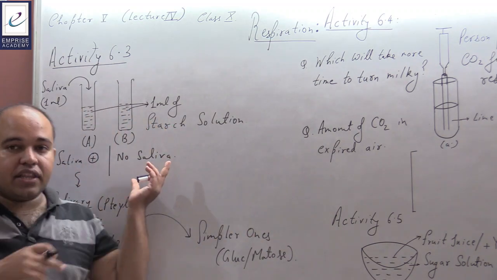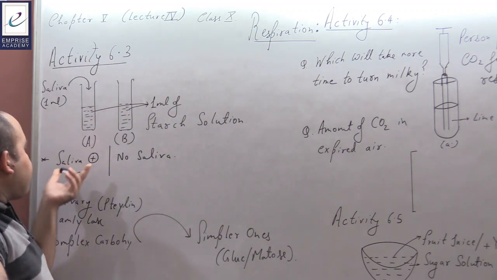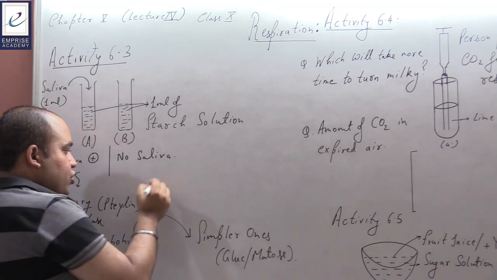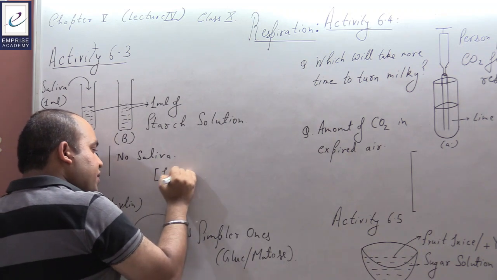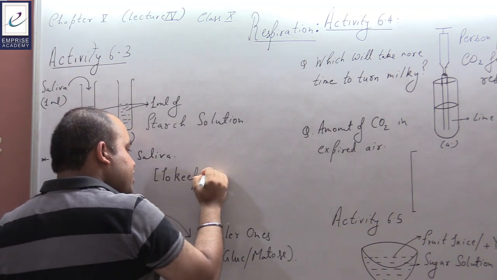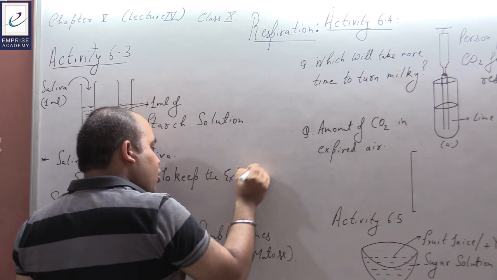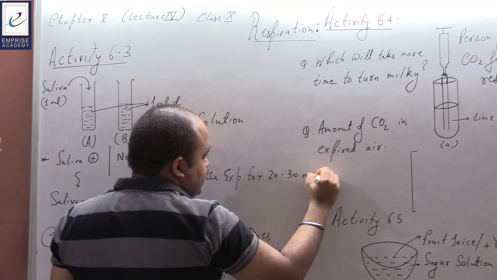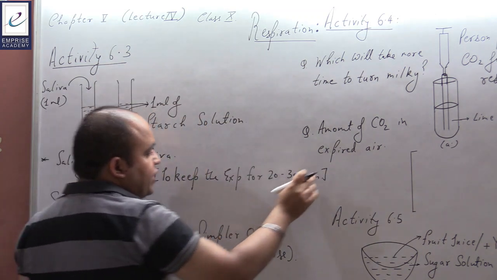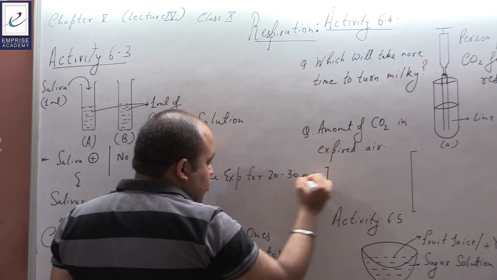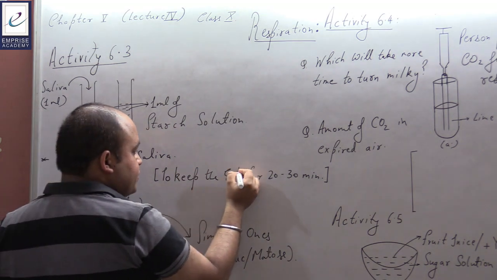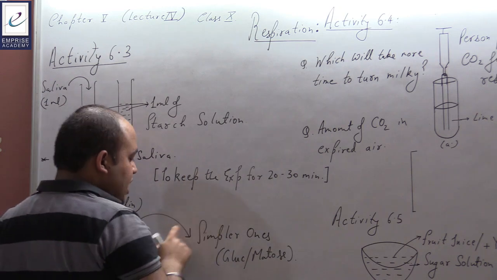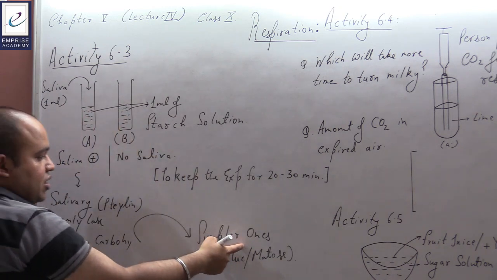Now what is being done in this exercise is that after adding the saliva, it has been told to keep the experiment for 20 to 30 minutes as such. While keeping the experiment for 20 to 30 minutes, what you are going to find is that this saliva is going to act upon the starch and it will get converted into the simpler ones.